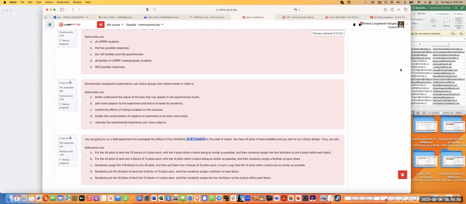So each block is independent. That's a strong word in statistics. I have to think if we say it's independent, but you'll see independent is a strong word. But yes, I guess they're going to repeat the experiment within the block. So you're going to have 10 experiments repeating the 4 treatments randomly assigned.